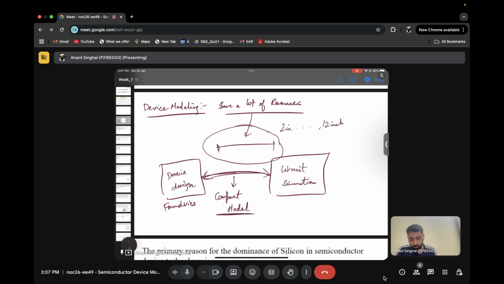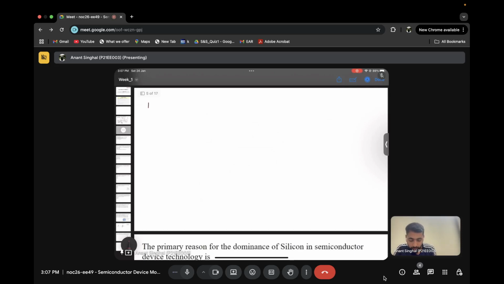A compact model, in very basic terms, is nothing but a mathematical representation. It has mathematical equations.